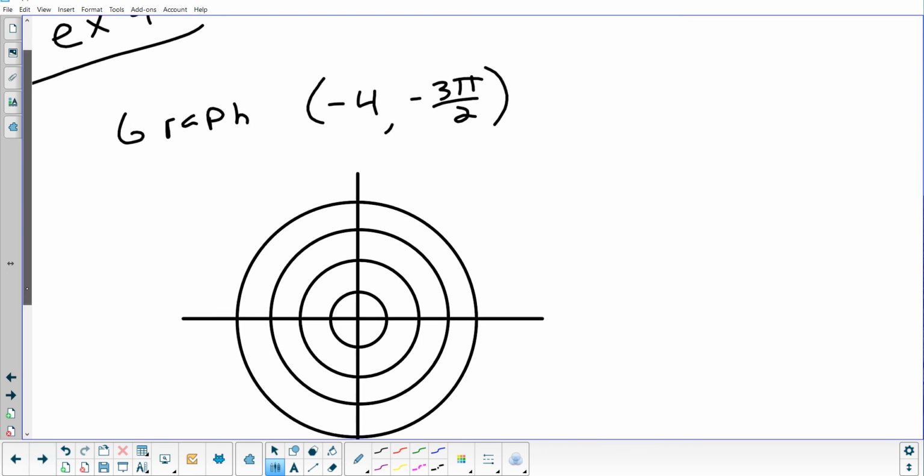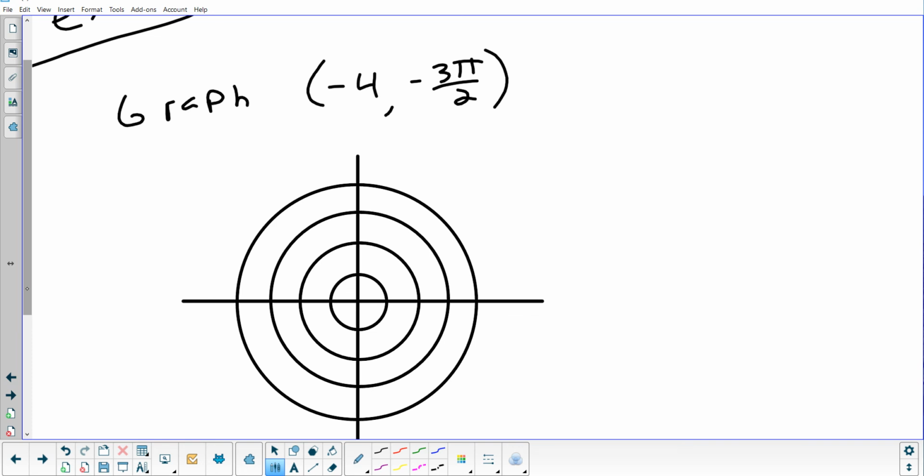All right, let's try this one. -4, -3 pi over 2. It might help if you're not comfortable with the radians to switch it over to degrees. What would that be in degrees? Okay. 30, that would be pi over 6. That's, no, not 270.